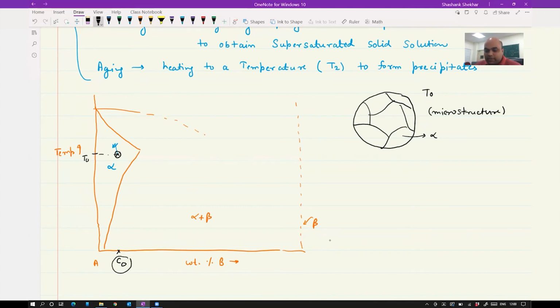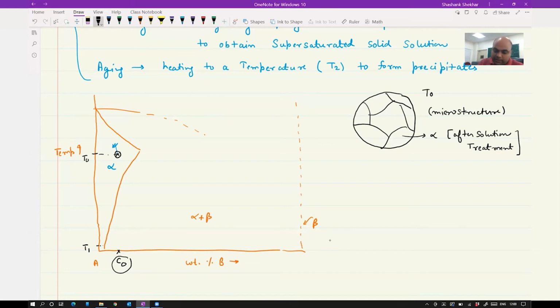Okay, now the second, so this is your solution treatment. So I can write this as after solution treatment. Okay, right? Now, since you have dissolved all the precipitates, the next step was to quench it, right? So you're going to quench to some temperature, say T1. Okay.